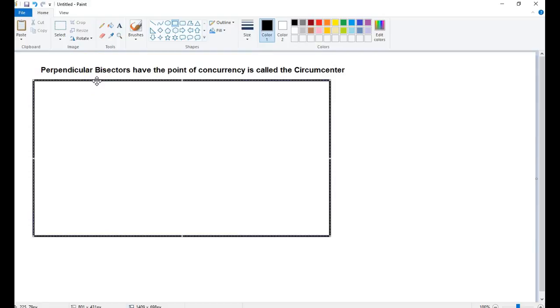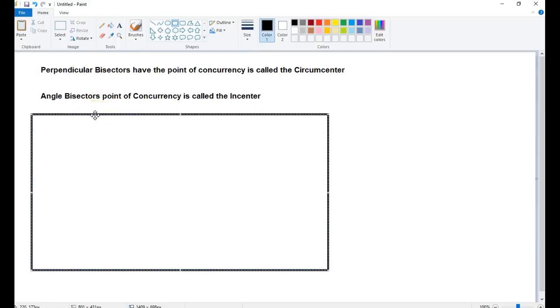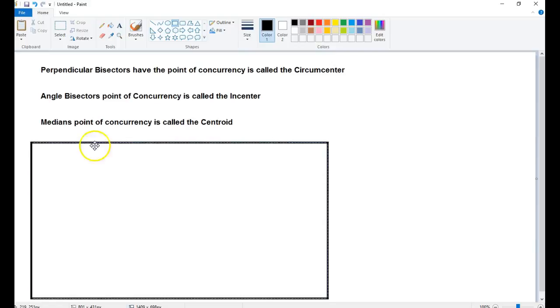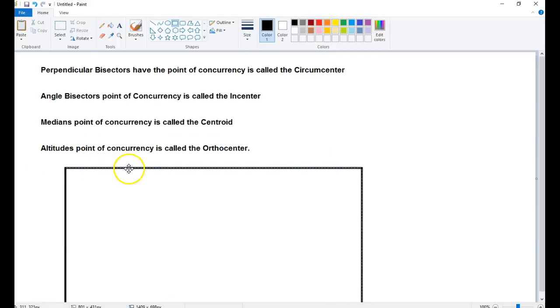Next one we had was angle bisectors, and their point of concurrency is called the incenter. The next one we had was in the beginning of this lesson today, which was medians, and their point of concurrency is called the centroid. Last but not least is altitudes, and their point of concurrency is going to be called the orthocenter.